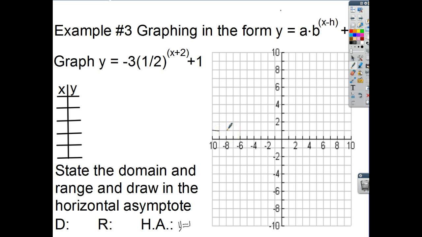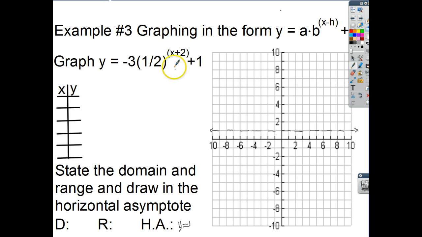Now this is the line that the graph is going to approach but never actually touch. Again, in these other problems it's been the x-axis, so you can't see a dotted line on top of a solid line. We haven't drawn it in.